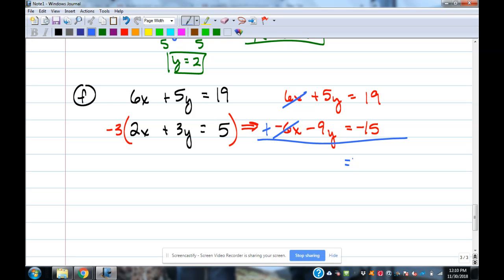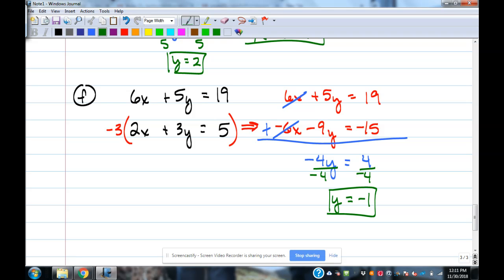Good job. Negative 4y is equal to 19 plus negative 15, which is 4. Last step is divide by negative 4. What's y? Negative 1.